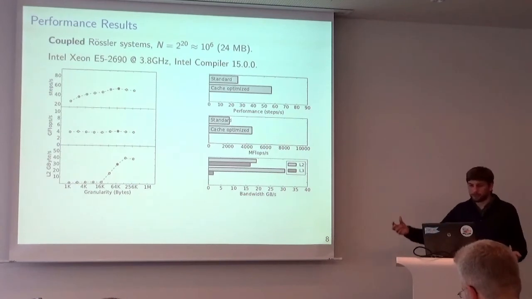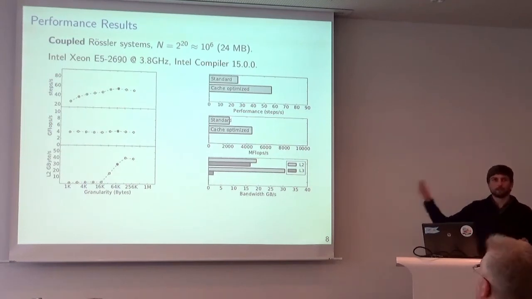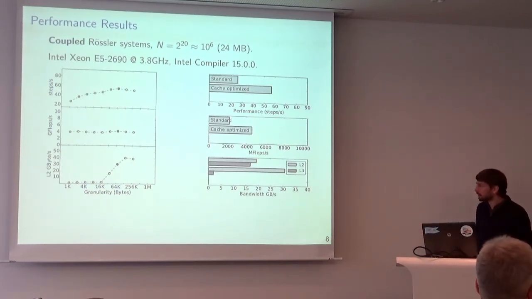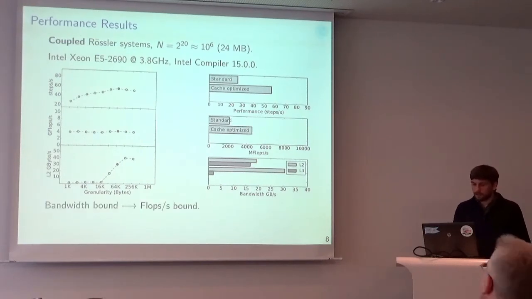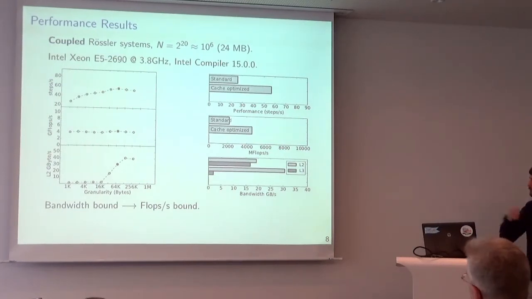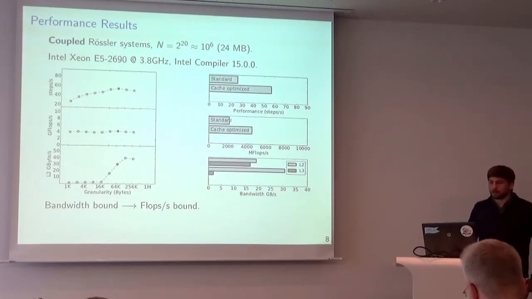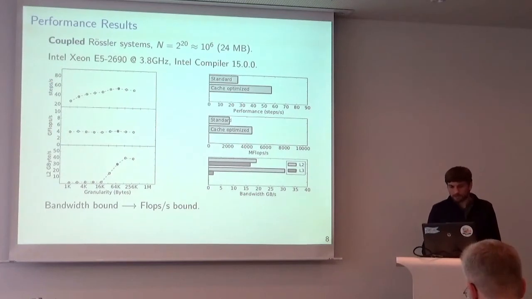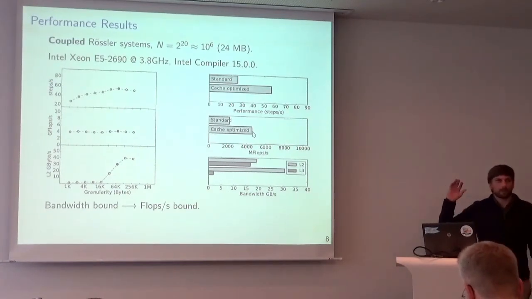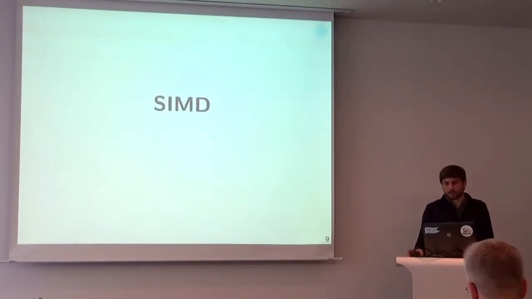If I introduce my clustering, you can see that L3 goes down a lot, and L2 goes up, but L2 is fast enough, so that's okay. I essentially succeeded in turning my bandwidth-bound algorithm into a flops-bound one, because I reached some 4 gigaflops on a 4 gigahertz processor, which is roughly what you would expect a normal FPU to be capable of delivering. So right now, I claim that I have reached the CPU throughput boundaries in my algorithm.